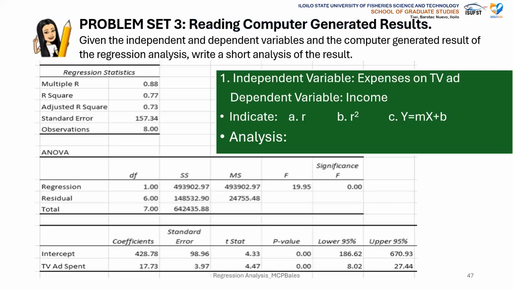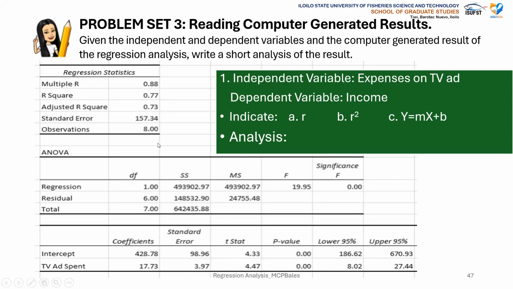So, I would like you to indicate the following. Take a look at this. Your independent variable is expenses on TV ad. Your dependent variable is income. What is R here? 0.88.